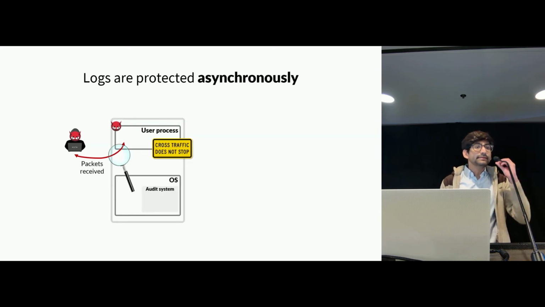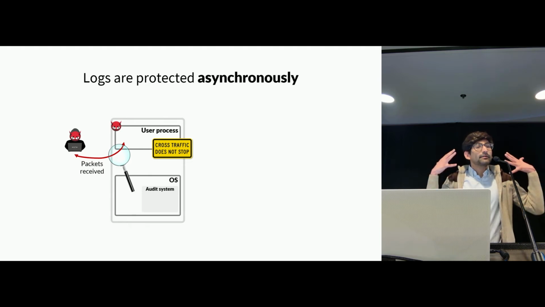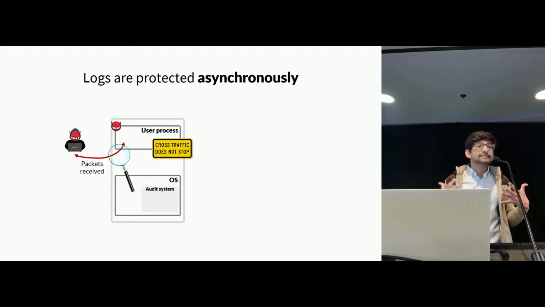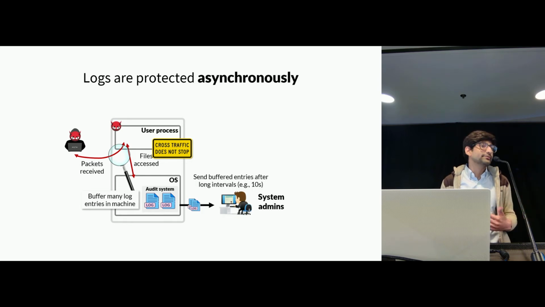Precisely given these performance limitations of synchronous protection, all existing audit systems protect logs asynchronously, where the idea is that on security-related events, the processes are not stopped by the audit system. Rather, log entries from many different events are buffered in the machine for long periods of time and then sent to system administrators.